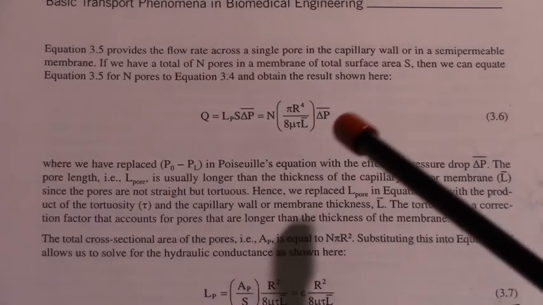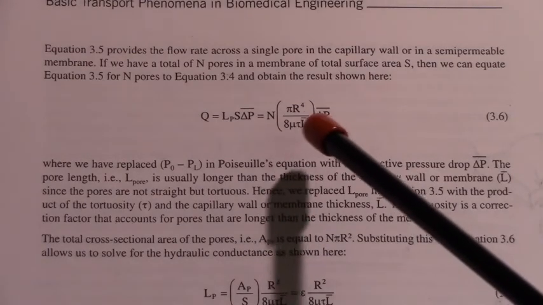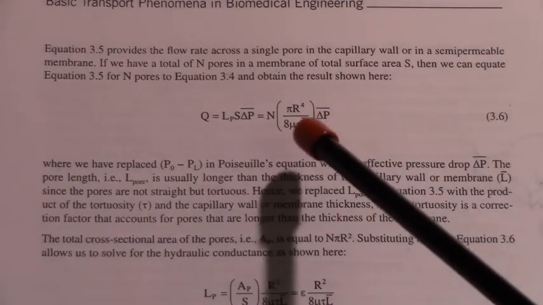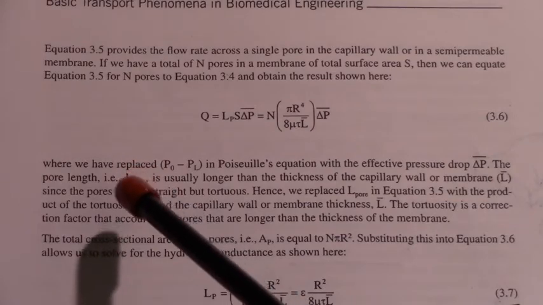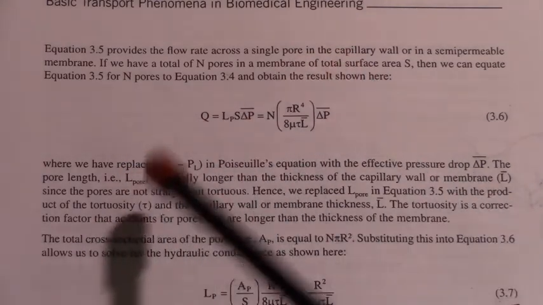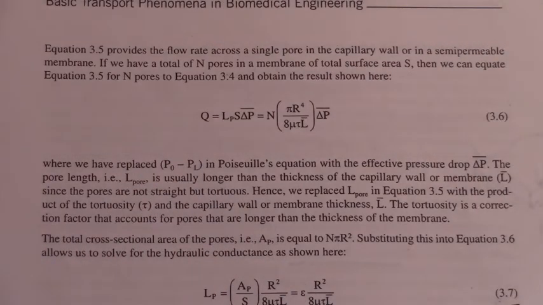Now it's important to recognize that the thickness of the membrane, which is given by L bar, tends to be less than or equal to the actual pore length. The pores in a membrane can be twisty, they can be tortuous.